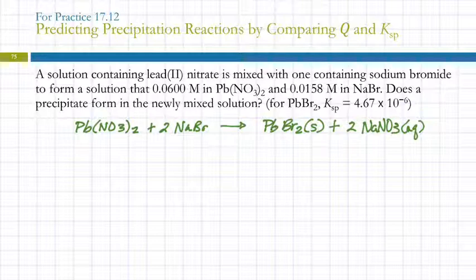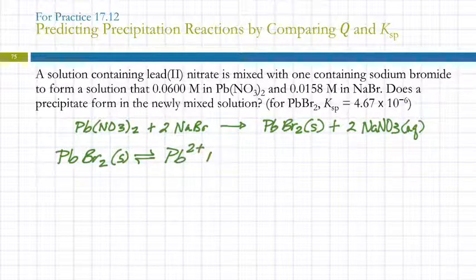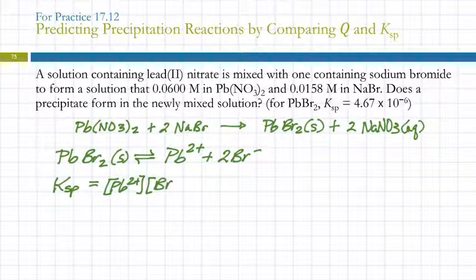So then, either physically writing it out or doing it in your head, which is maybe a little risky at this point in the semester, think about, okay, what happens when this dissolves? Pb2+ and 2Br minus. And so the solubility product expression there is the lead concentration times the bromide concentration squared.